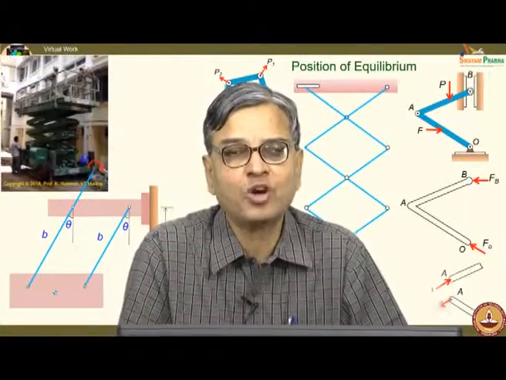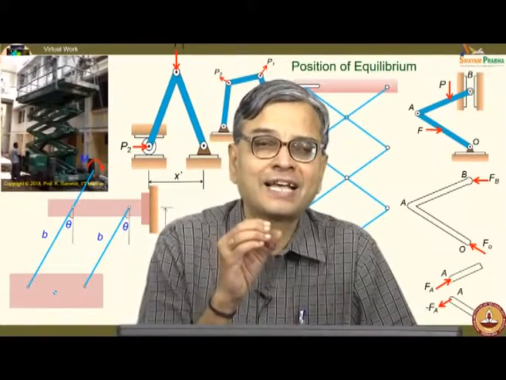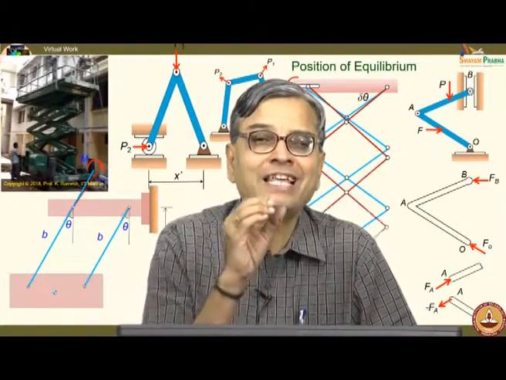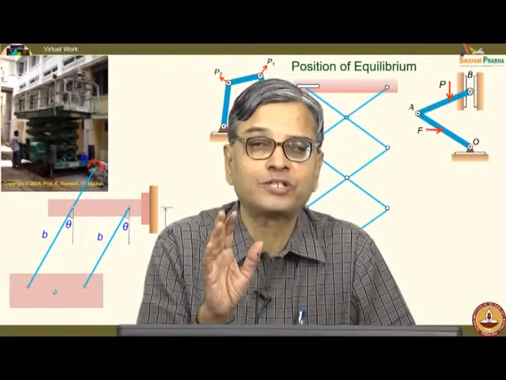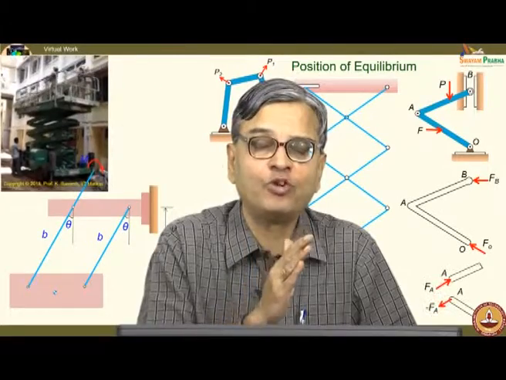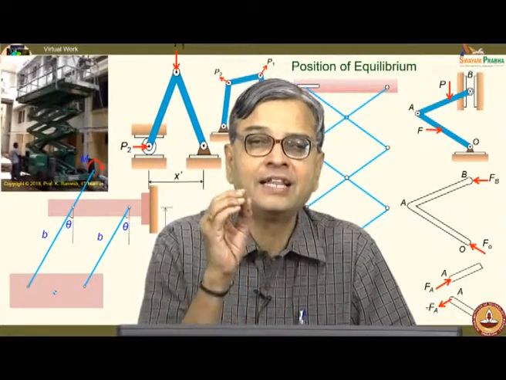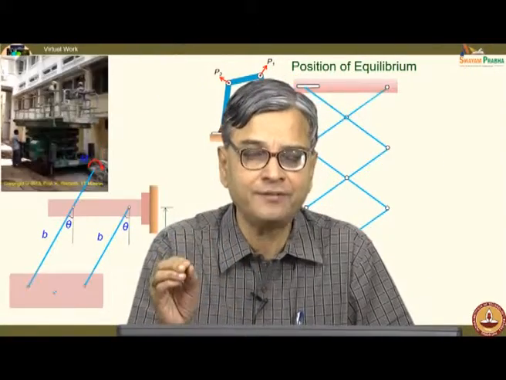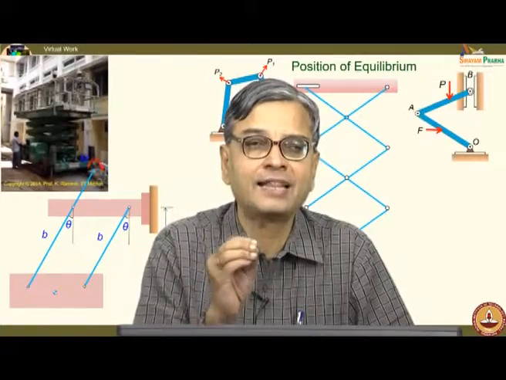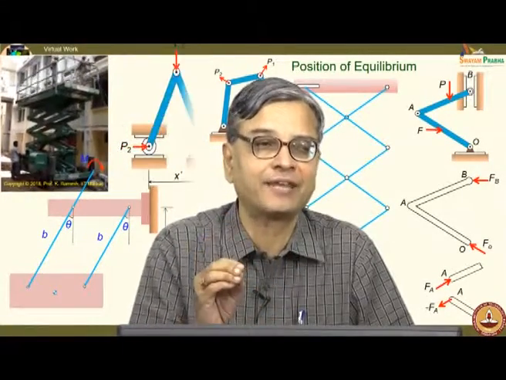From the displaced configuration, identify the sign of the virtual work by each of the active forces. So, look at the contribution. If the force and the corresponding displacement are in the same direction, then the contribution of the active force to virtual work is positive. If the force and the displacement are in opposite directions, then its contribution is negative.